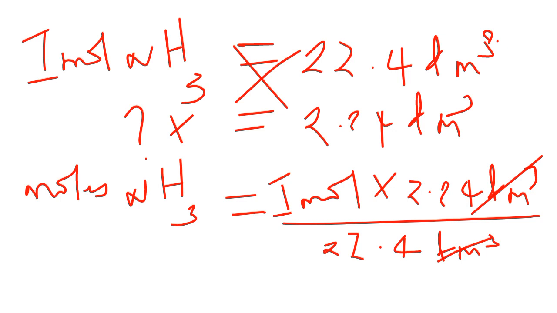So at the end, let's plug into our calculator: 2.24 divided by 22.4. The number of moles will be equal to 0.1 moles of ammonia at STP.